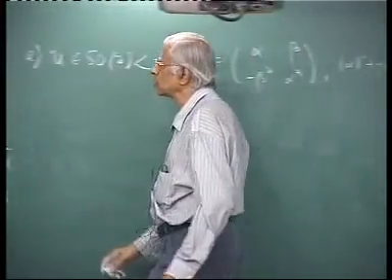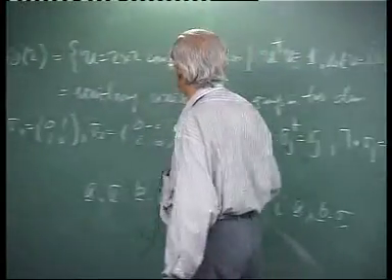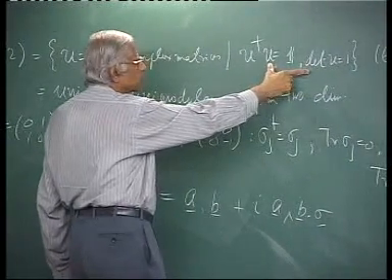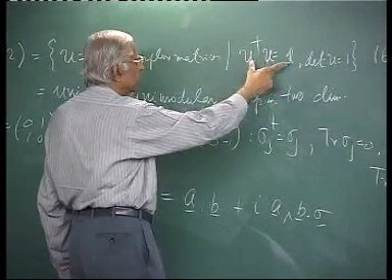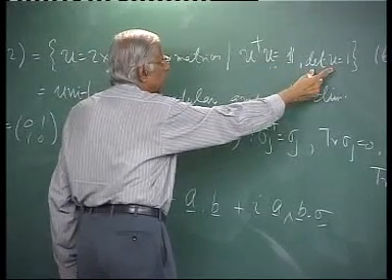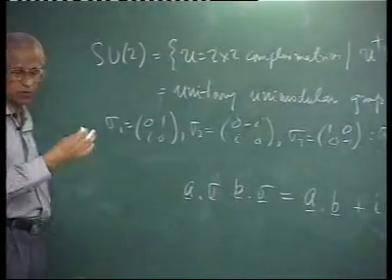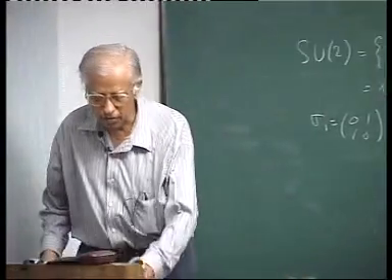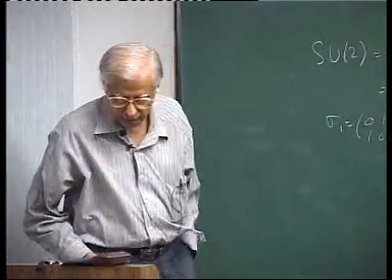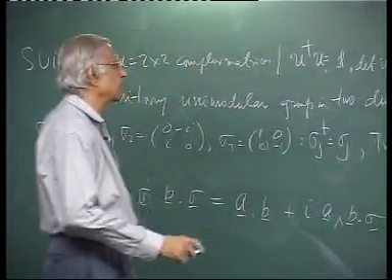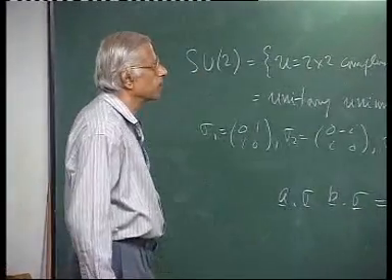So I want you to prove that that is the most general solution to these two conditions on the matrix U: the unitarity condition, and the determinant equal to 1 condition. If you do not know this earlier, you must convince yourself that this is a way to describe every element of SU2.